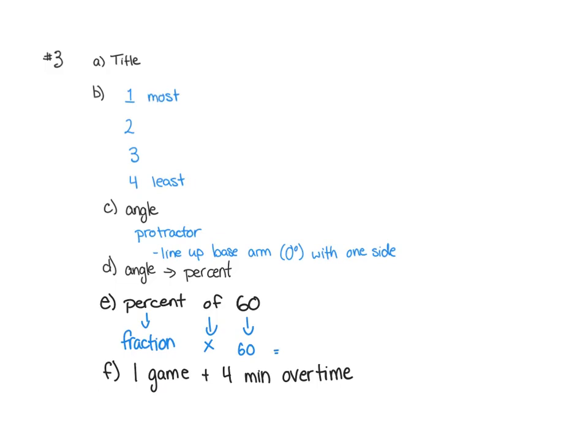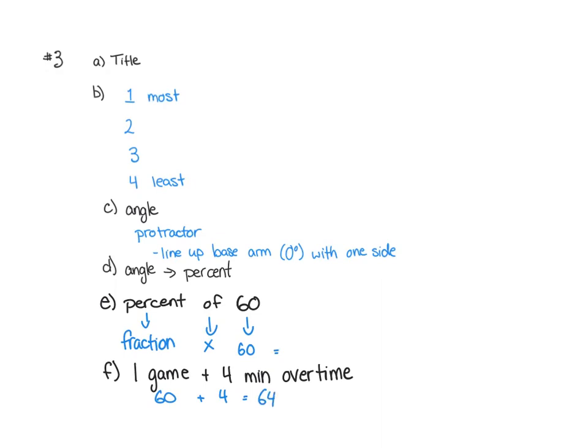Question F is asking you how much time Ron would get to play if he's on the third line, if he has one game and they play for 4 minutes of overtime. So he doesn't play for that whole 4 minutes, but now your game, instead of being 60 minutes long, is 60 plus 4 minutes long.